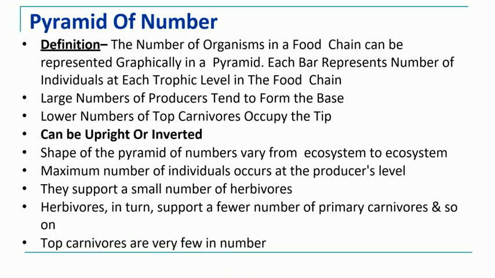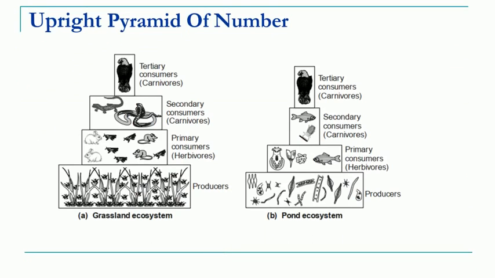Now let's understand this concept of pyramid of number with the help of a diagram. In this diagram we can see there are two types of ecosystem, that is grassland ecosystem and pond ecosystem. In the grassland ecosystem, the base is formed by the producers in the form of grasses.